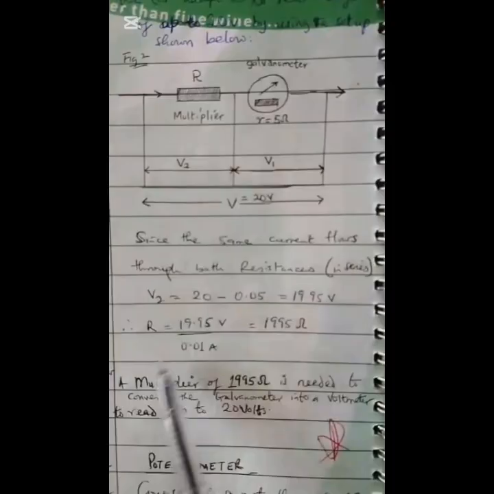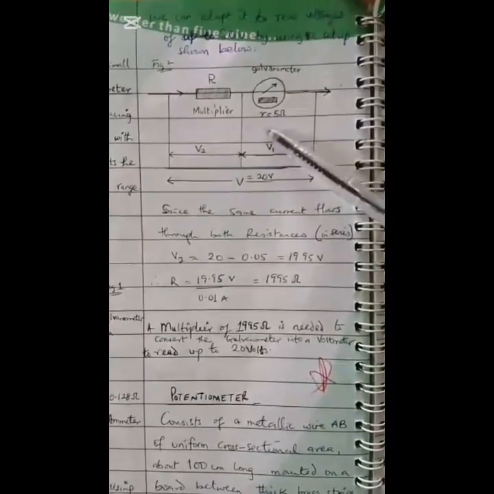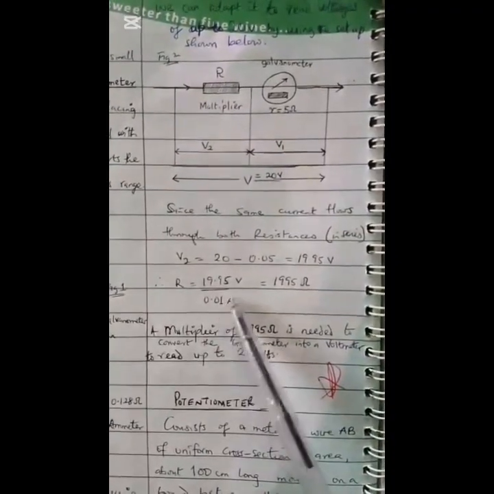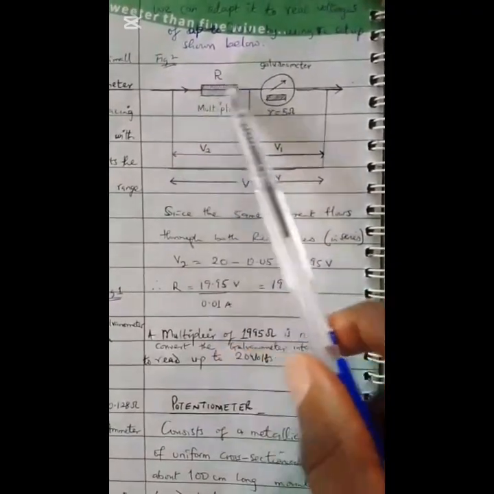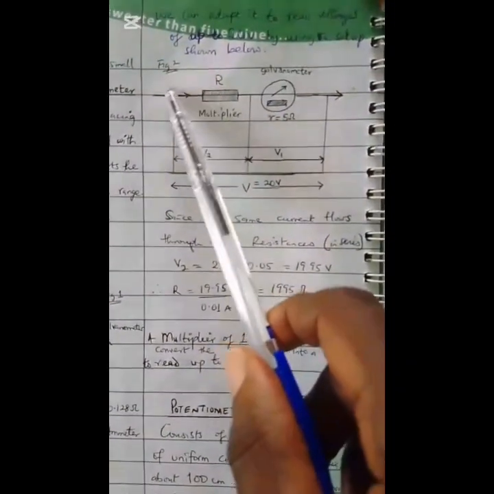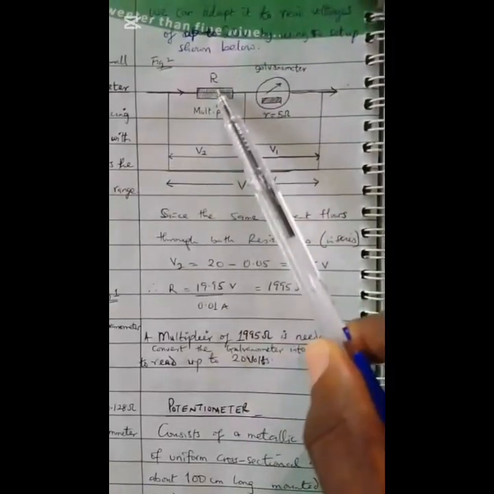So this V2 is 19.95 volts, divided by 0.01 amperes. This 0.01 amperes is the common current. They're in series, so the same 0.01 amperes that flows through our galvanometer is what flows through our multiplier.